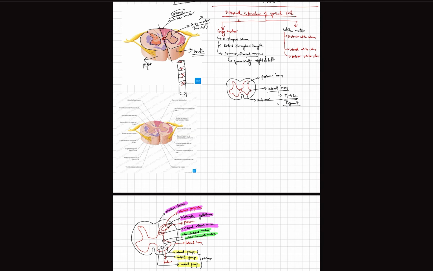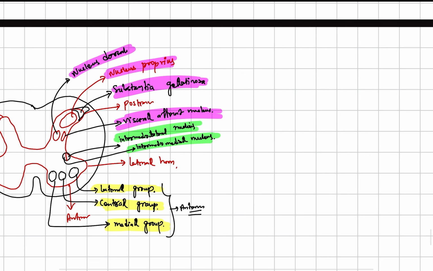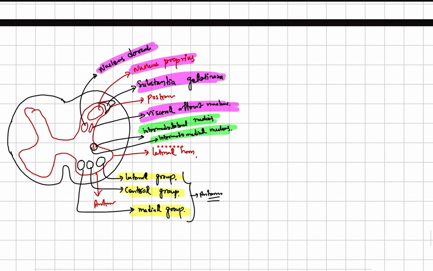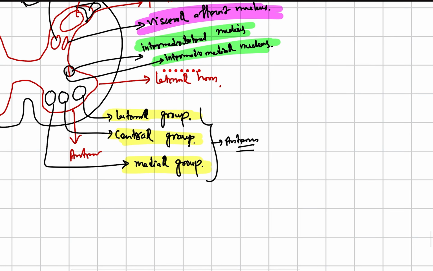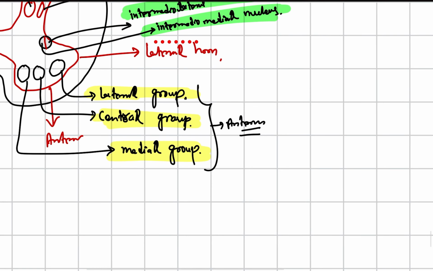Now moving on to the function, which nucleus has what function. We need to start from the anterior. In the anterior there are nuclei like the medial group, central group, and lateral group.